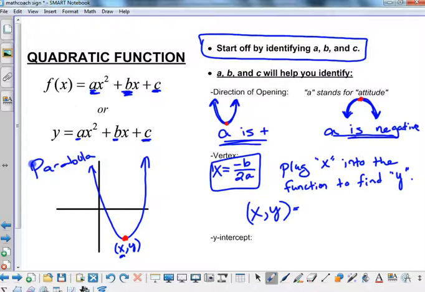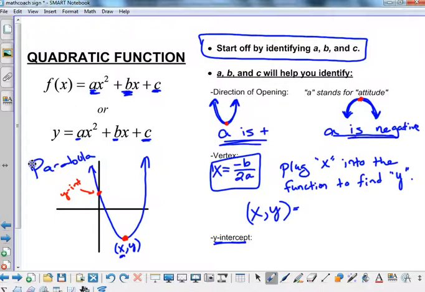Also, we can identify something called the y-intercept. We talked about the y-intercept before when we discussed graphing linear equations. You may remember it's the point at which the graph crosses the y-axis. In this particular sketch, that would be the y-intercept. Knowing that point is very useful for us because the parabola is symmetric.